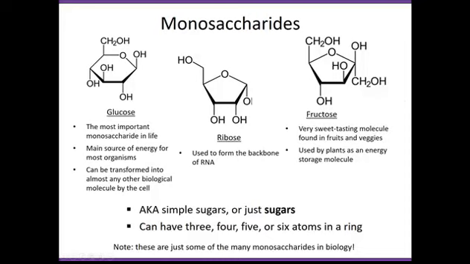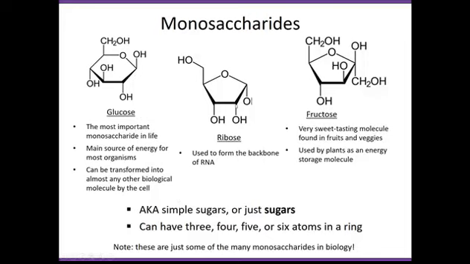Now, all these sugars are nutritionally known as simple sugars. In molecular biology and biochemistry, they're known as monosaccharides. In nutrition, they're known as simple sugars. Sometimes it's even shortened further to just sugars. And you can have a bunch of simple sugars or monosaccharides that are 5 carbons in a ring, 6 carbons in a ring, 3, sometimes even 4.